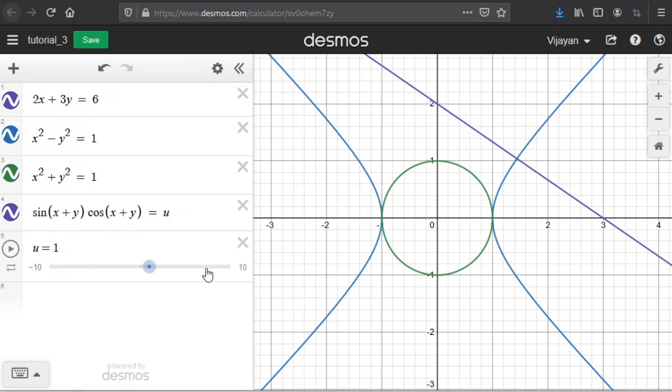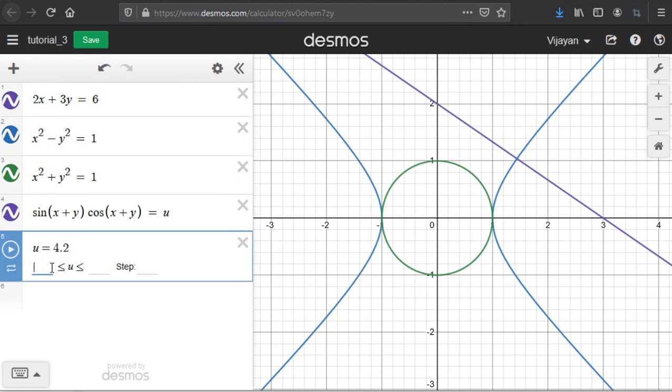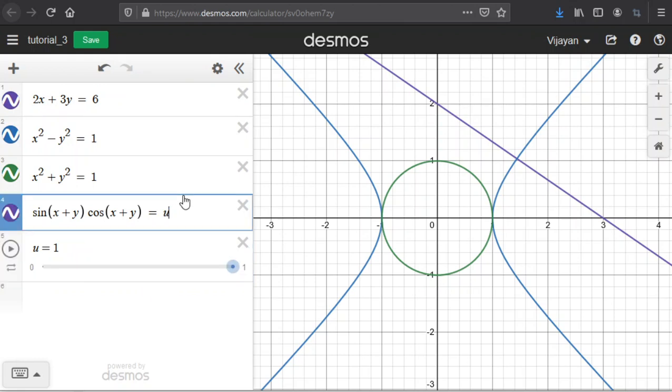Now this value of u should vary from 0 to 1 with the step as 0.01, and I click outside. So a slider has been created.